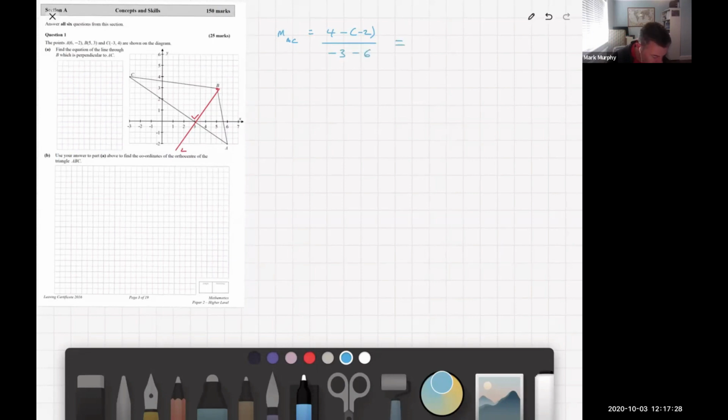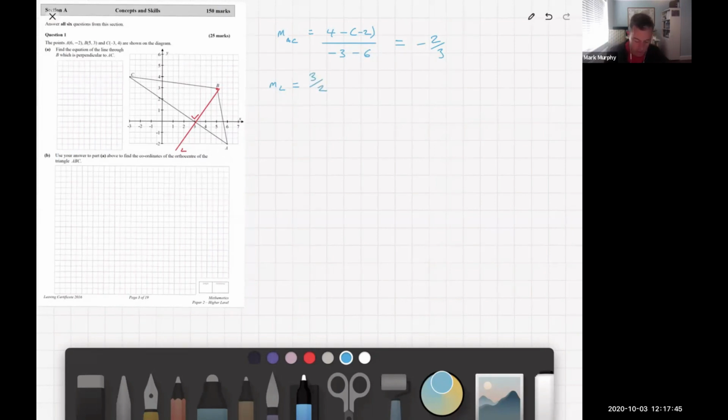So in this case, the slope is -2 over 3. Therefore, we now know the slope of L1, because it's perpendicular to AC. So the slope of L is equal to 3 over 2.